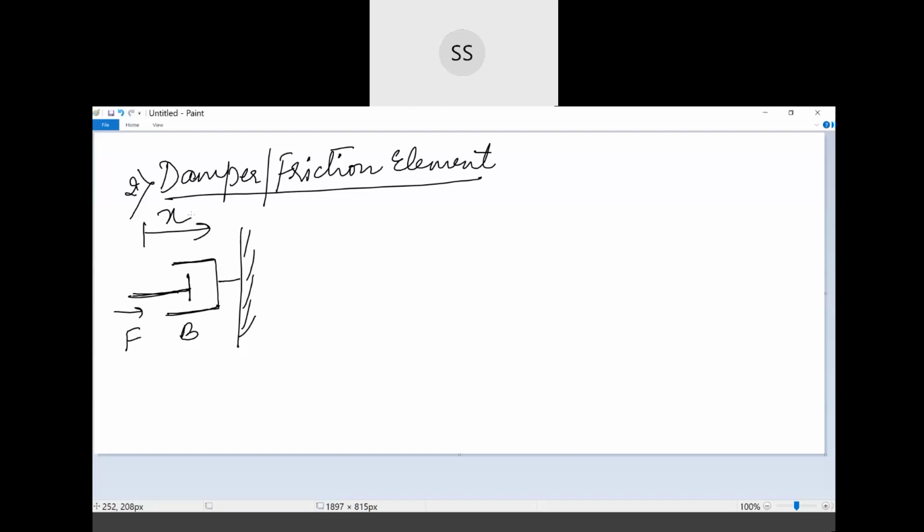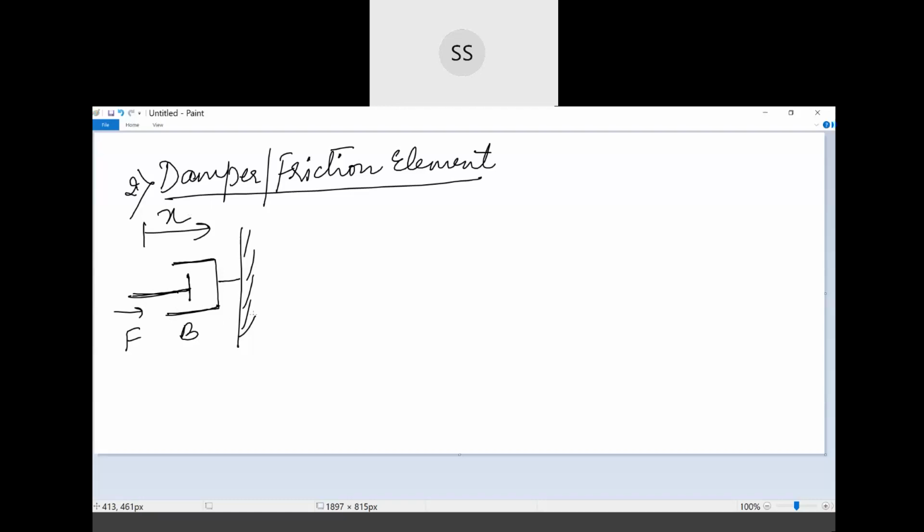Now this friction is associated with the mass also. Whenever you apply a certain force to the mass, the mass gets displaced, and at the same time the mass also experiences a certain amount of friction. That friction is nothing but this representation.